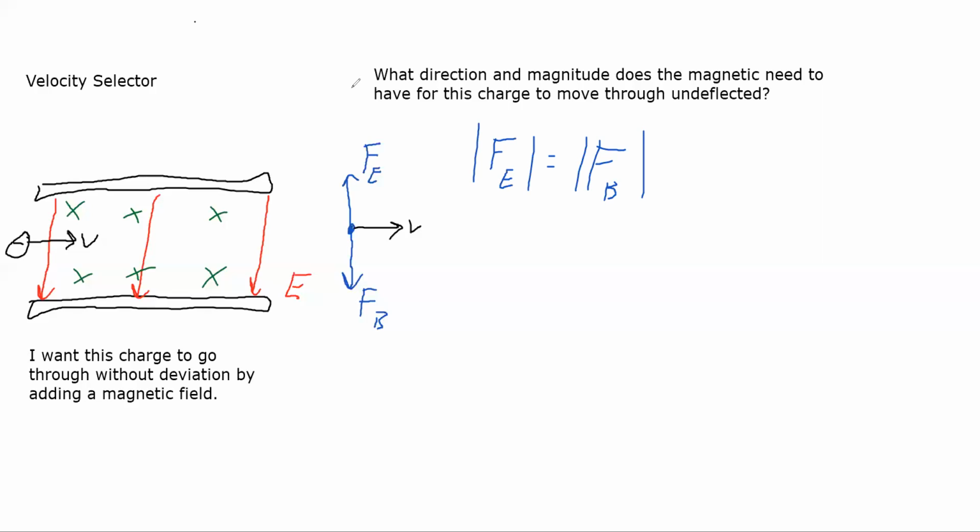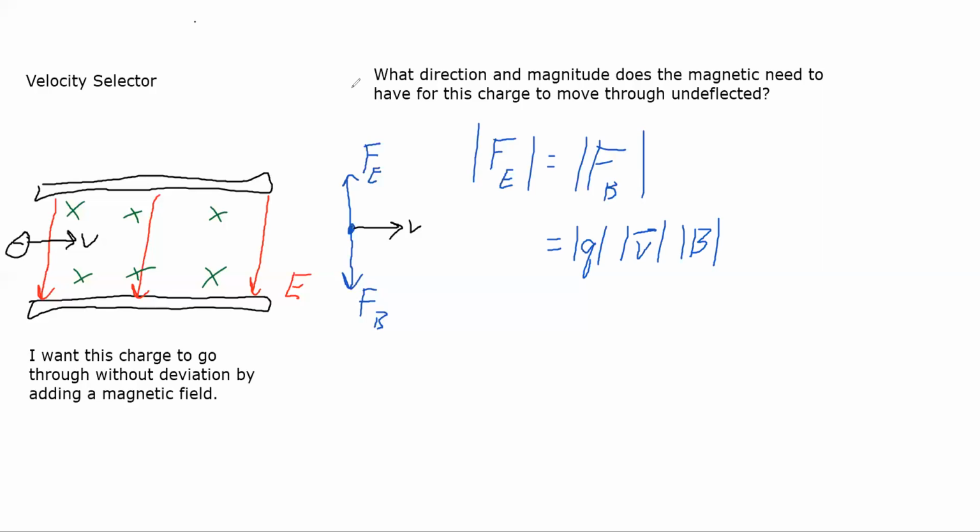Well, we know the equation for FB, QVB. The angle again is 90 here, right? The angle between velocity and magnetic field. So we don't have to worry about sine here. It's going to be sine 90.